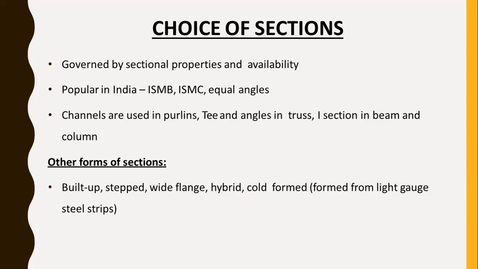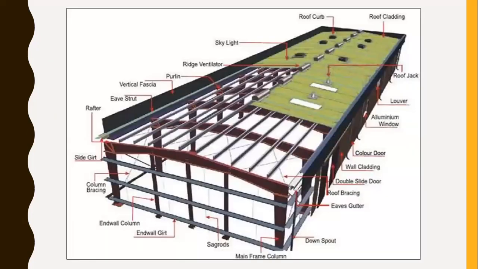Other types of sections are also used, such as built-up sections, stepped sections, wide flange, hybrid, and cold-formed sections, which are formed from light gauge steel strips. So these are industrial buildings. As you can see, different types of sections are provided, along with different things like roof cladding, roof curb, skylight, ridge ventilator, purlin, rafter, and column bracing.